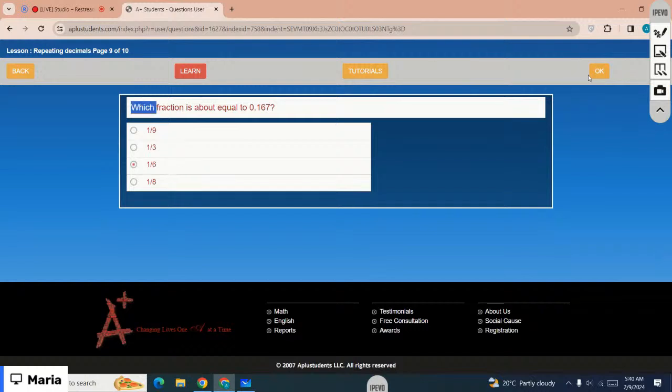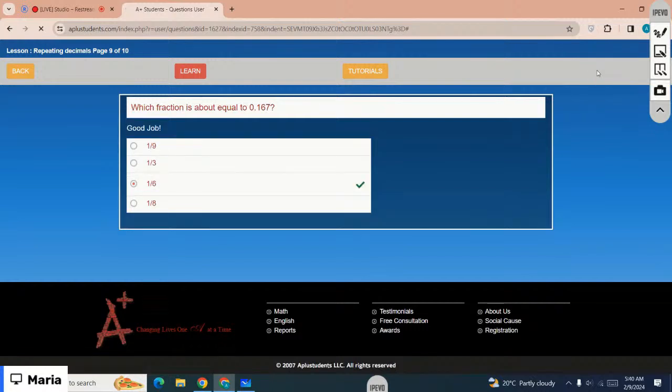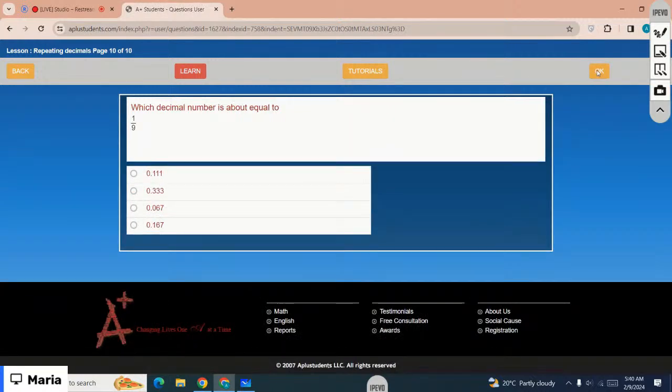Yes, close to 1 over 6. Very good. Okay, which decimal number is equal to 1 over 9? Which is the correct option? That is 0.111. Option number 1 is the correct option, right?